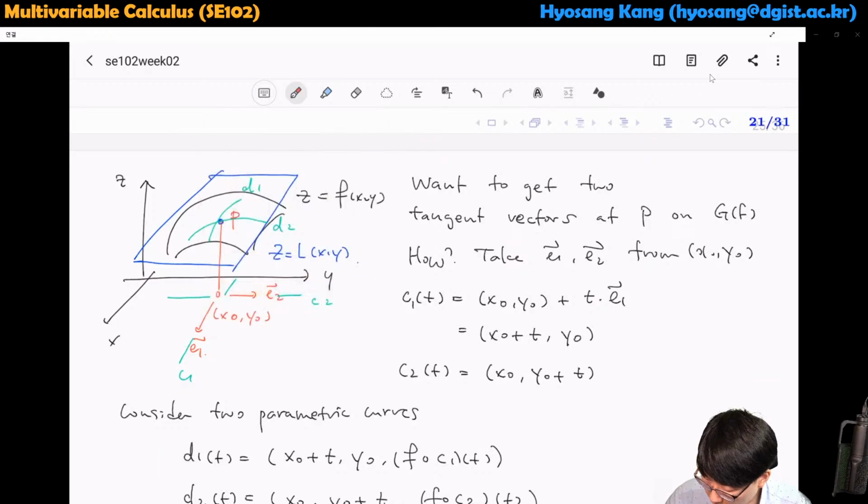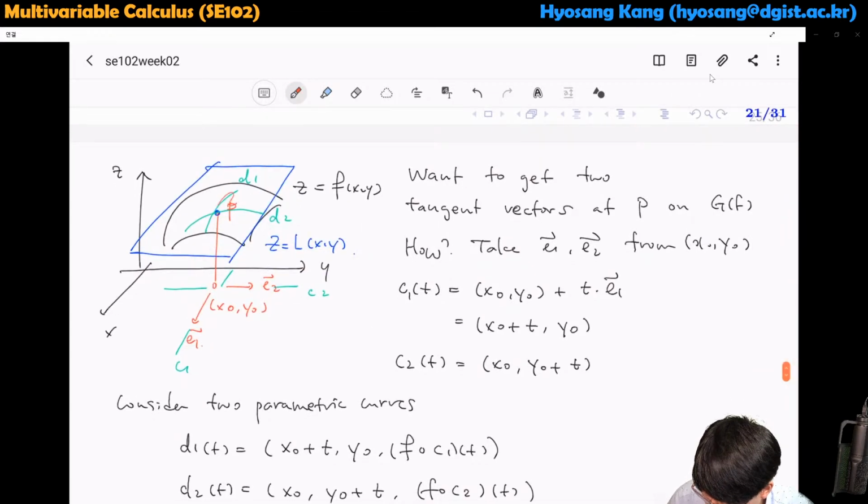The tangent vectors to D1 and D2 are D1'(0) and D2'(0).